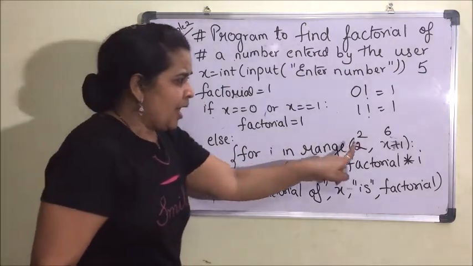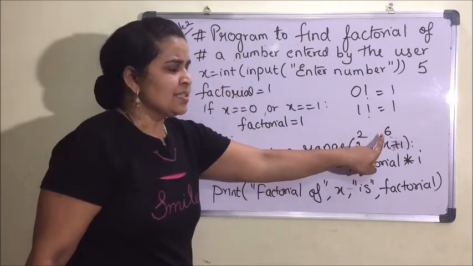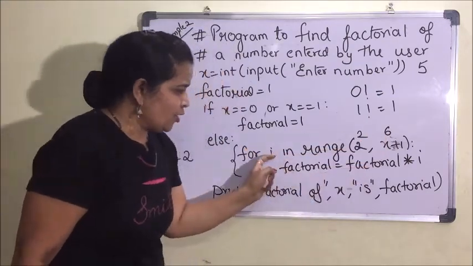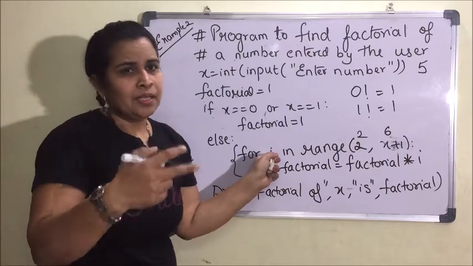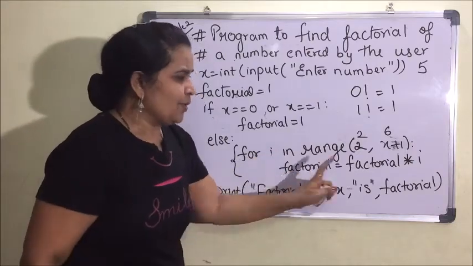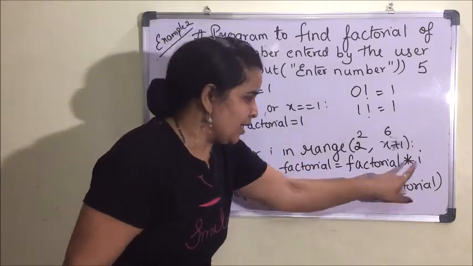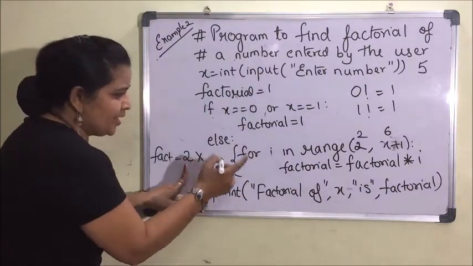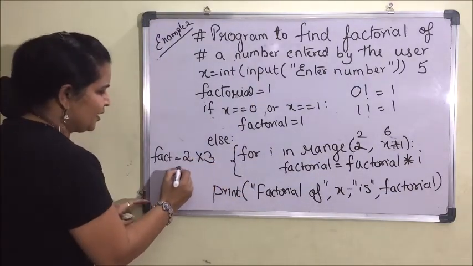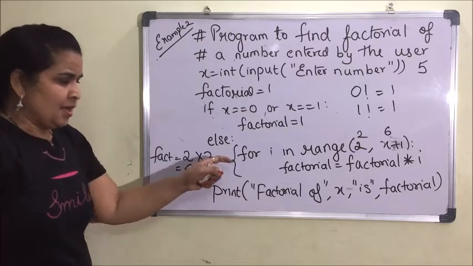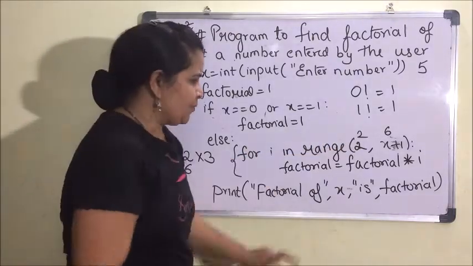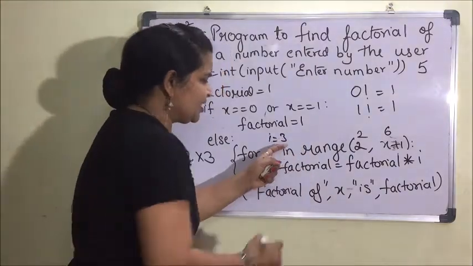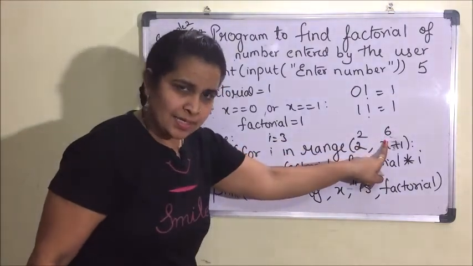Still i is less than 6. So now the value of i in the second iteration will be 3. Factorial is equal to factorial into i. Now factorial was 2 into i, which is now 3, that is 6. Still the value of i is less than 6.